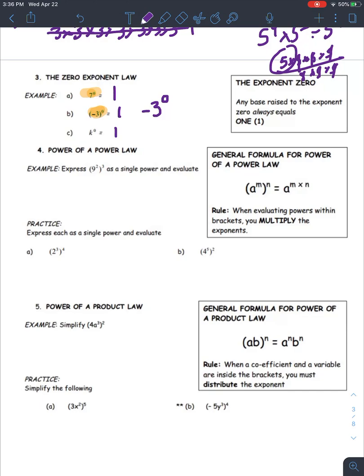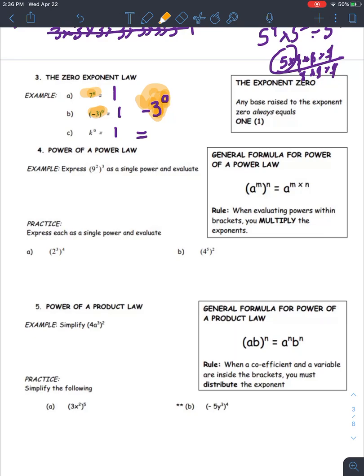actually be different. If you notice, in this case, the 0 is to the power of just the positive 3. The 0 doesn't look at this negative 3. It doesn't have anything to do with this negative. It just has to do with the 3. Because an exponent only acts on the thing right next to it.